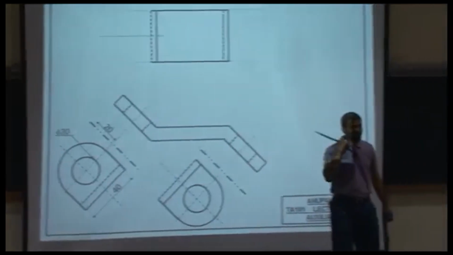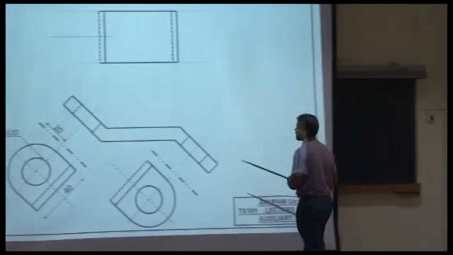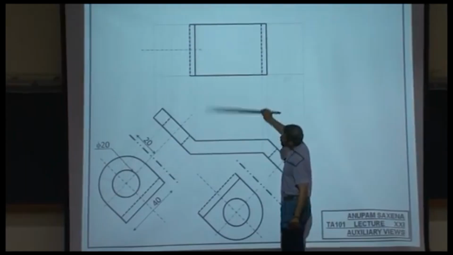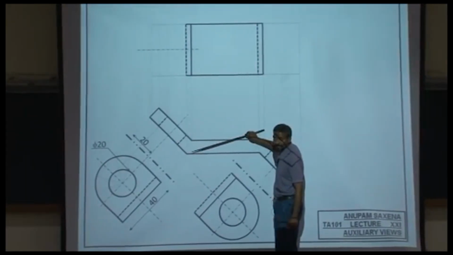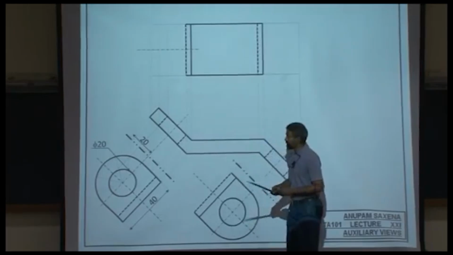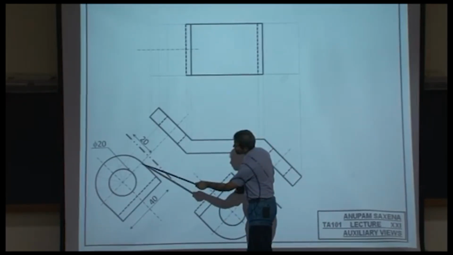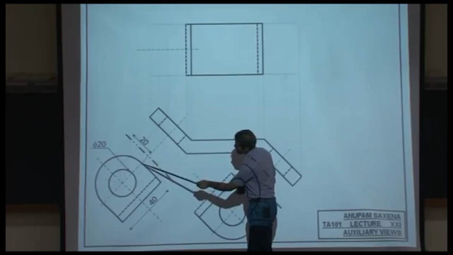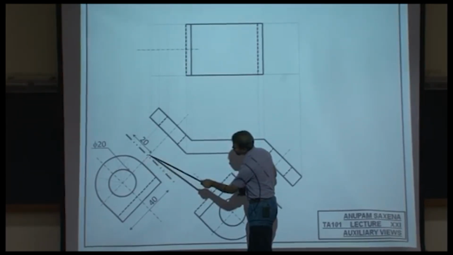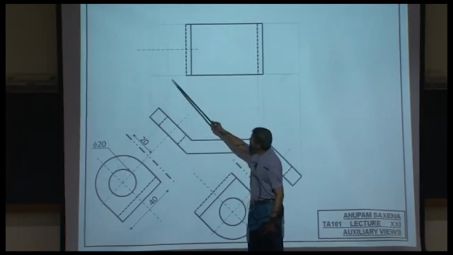And here comes the critical part. Of course, these 2 views are going to be separated by a hinge line. How do you find the position of this hinge line? To do that, look at this feature and take the distance of this point from the hinge line over here. Where is this feature going to be lying?